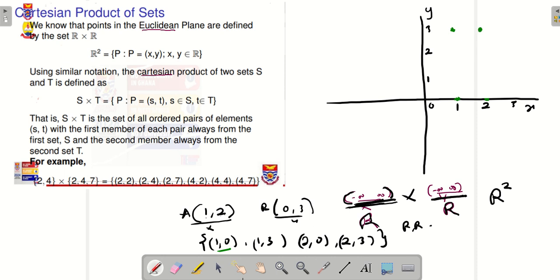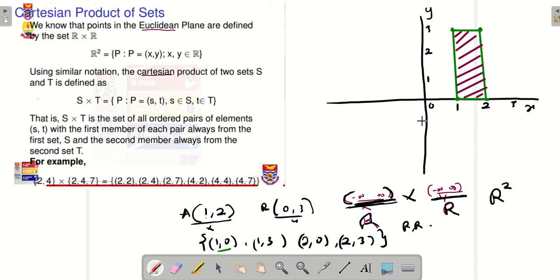So you can see that I can form a rectangle with these points. Now the rectangle I am getting is the graph of the Cartesian product. This graph is the graph of the Cartesian product of {1, 2} and {0, 3}.